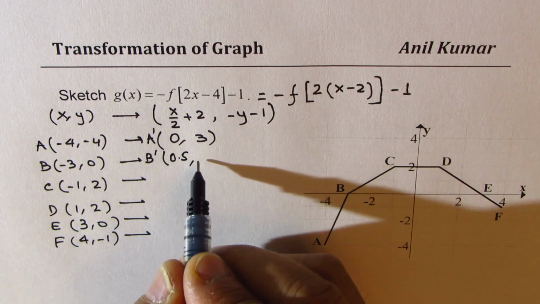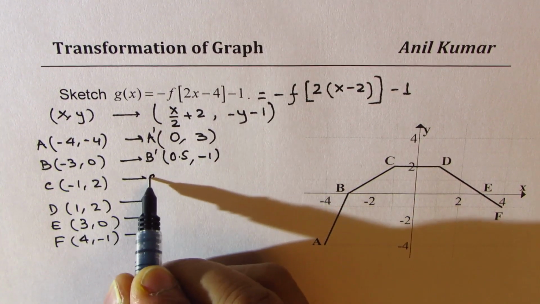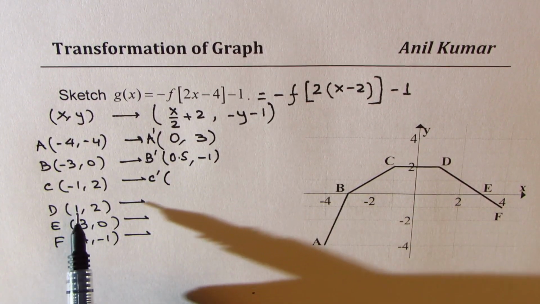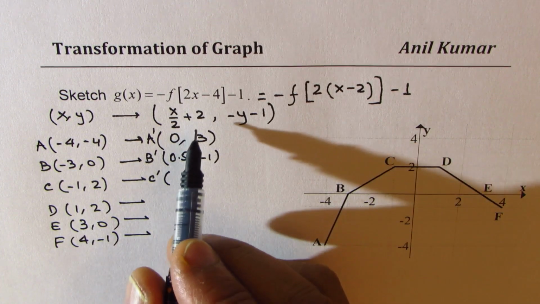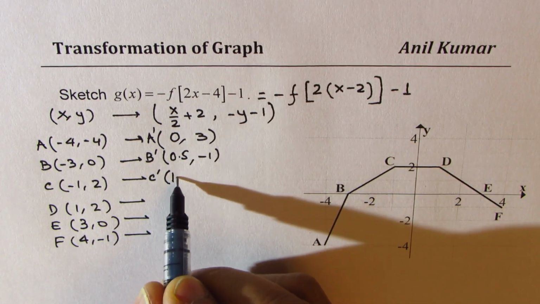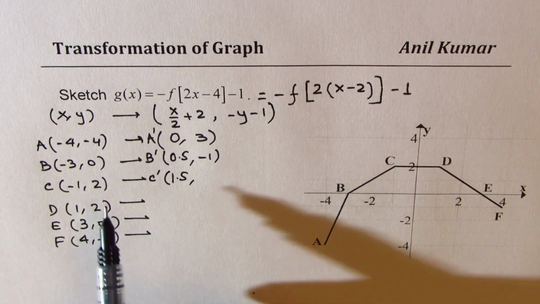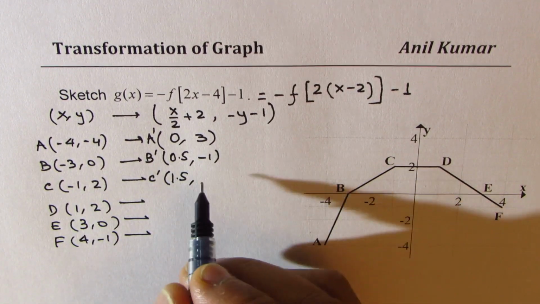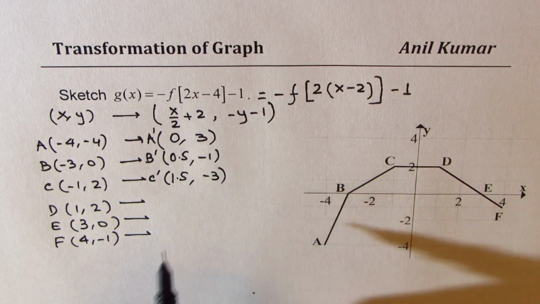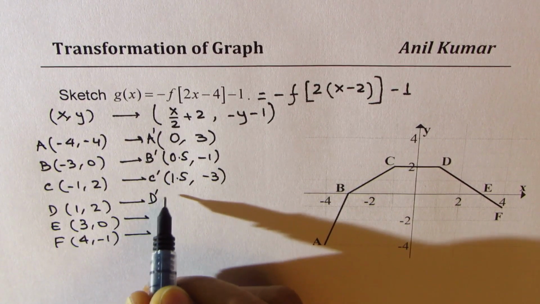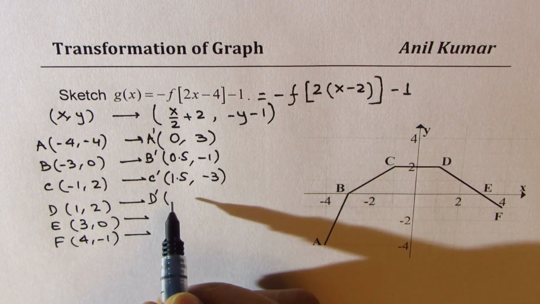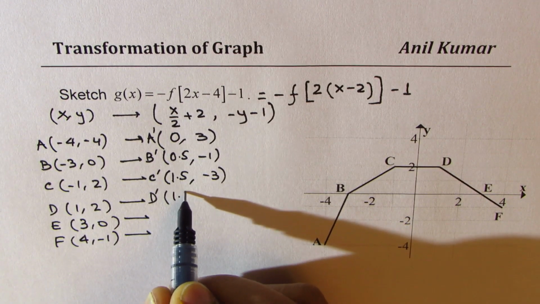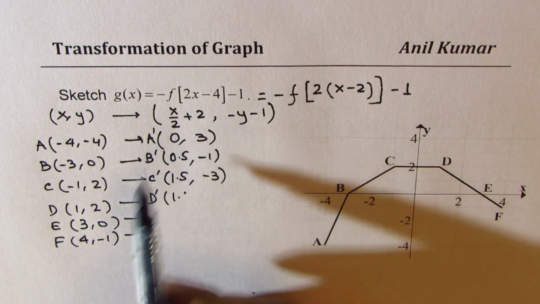The y value becomes minus 1. As far as C dash is concerned, half of minus 1 is minus 0.5. That means when you add 2, you get 1.5. The y value, minus 2 minus 1, gives us minus 3. Image of D: let's redo.